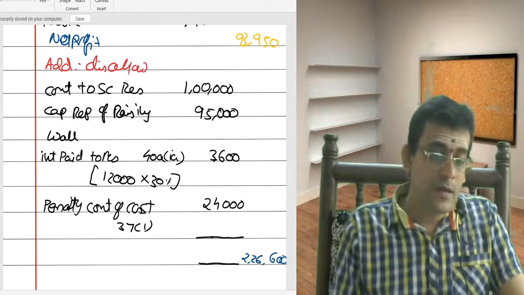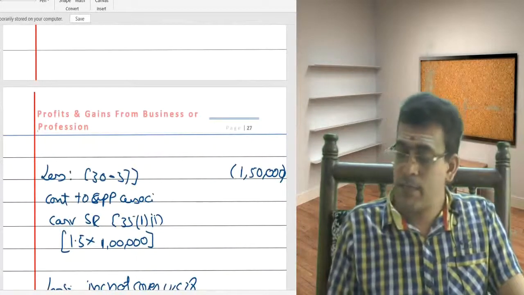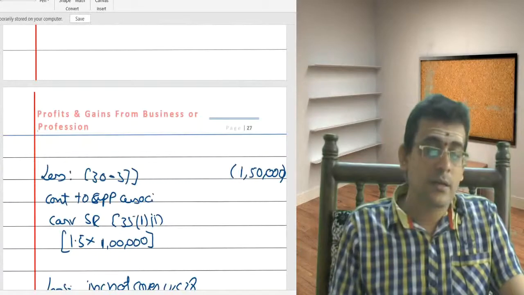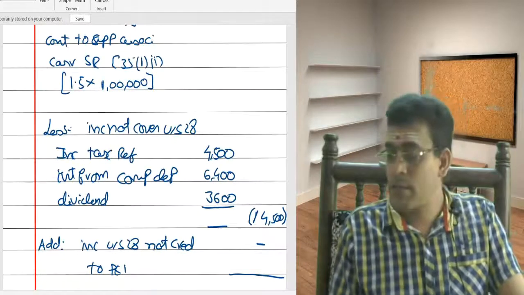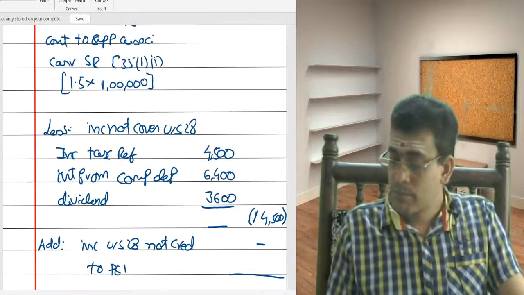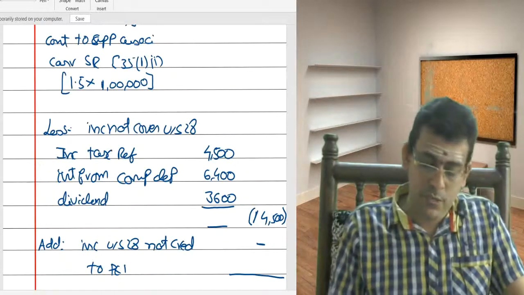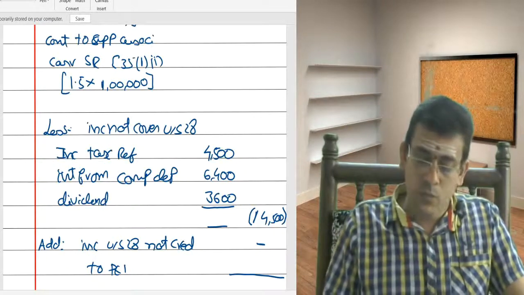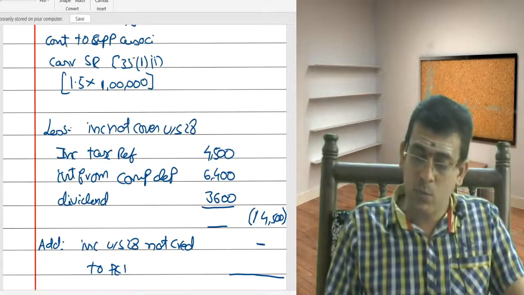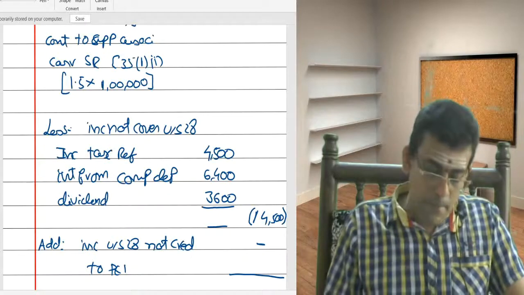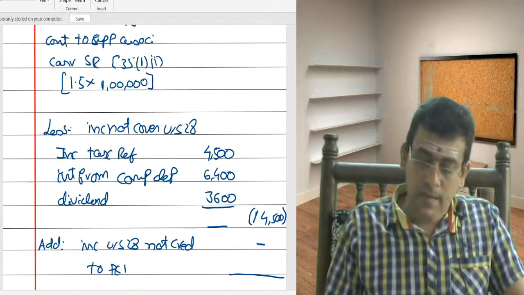Then we are supposed to consider the deductions. What are the deductions you are considering? 1,50,000. So minus 1,50,000 I have to consider. Then you are removing some incomes from your profit and loss account. The incomes come to 14,500. So less 14,500. If I do that, I'll be getting my profits and gains from this profession. So let us do it again. 93,950 plus 2,22,600, okay, minus 14,500 minus 1,50,000.